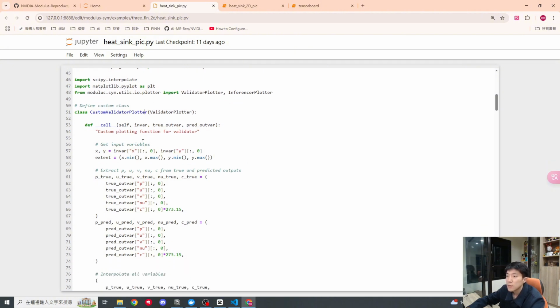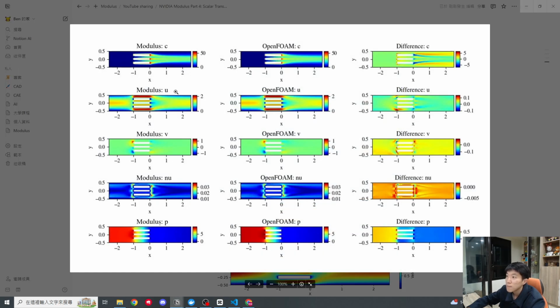This is to generate this image, so we can see the Modulus prediction and OpenFOAM result, which is the true solution, and we can check the difference, and this image will be plotted on the TensorBoard.